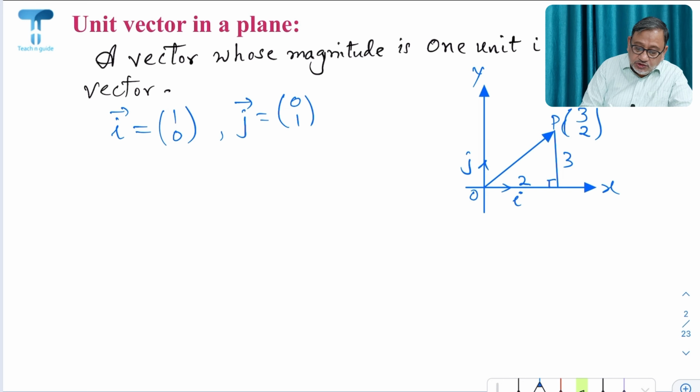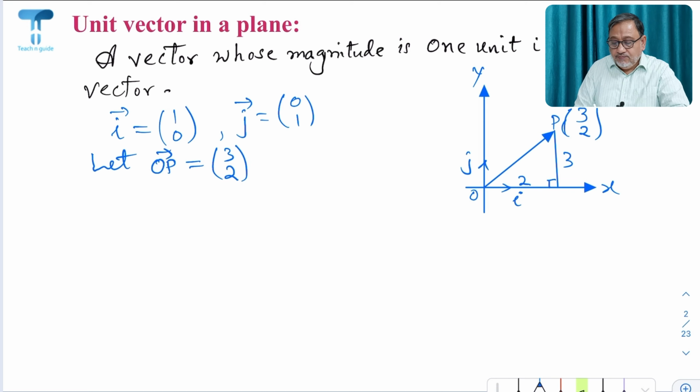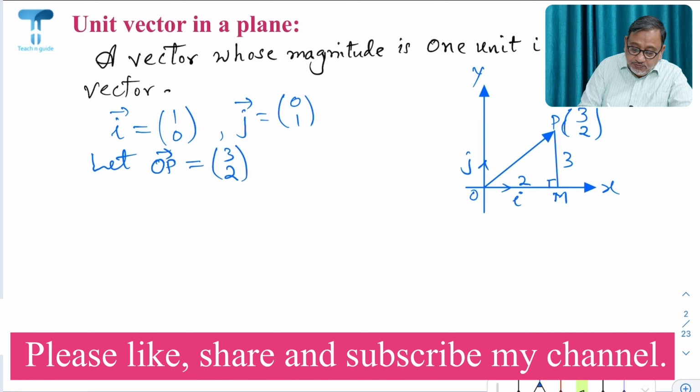So let OP be a vector (3, 2) in component form. Then I am drawing perpendicular, so OM is equal to 3 and PM is equal to 2.